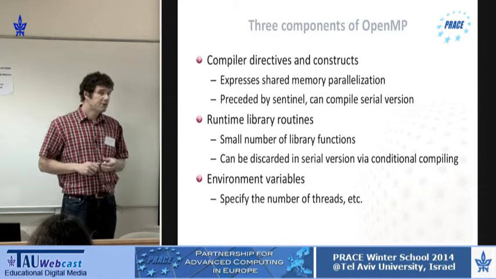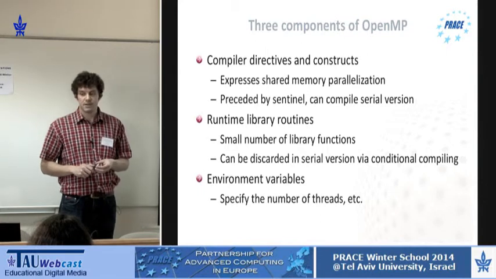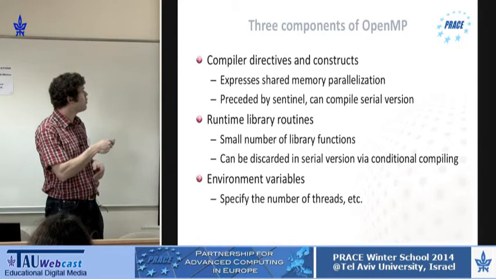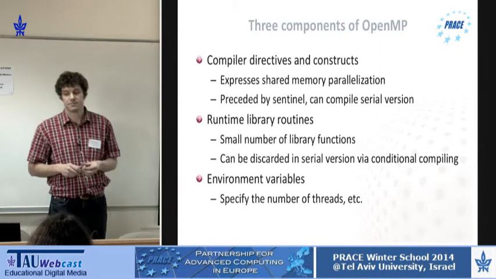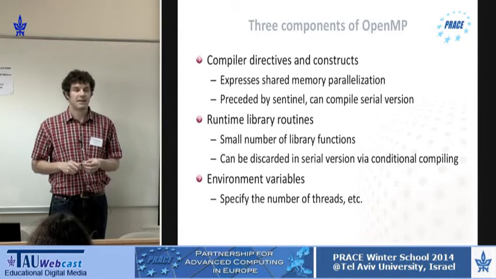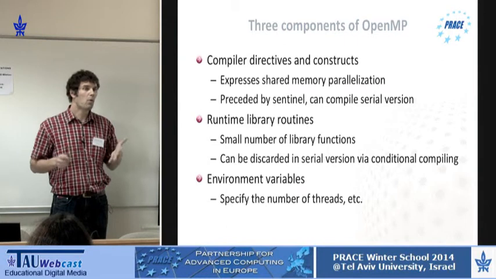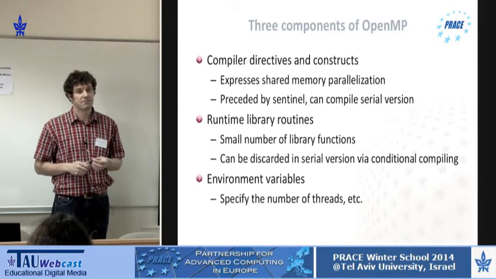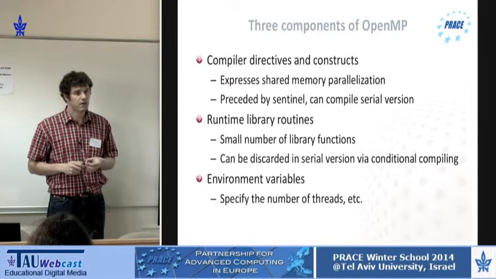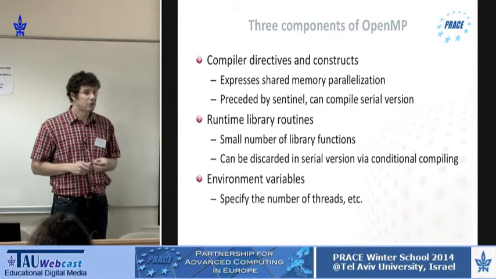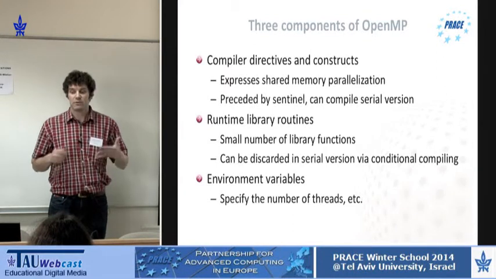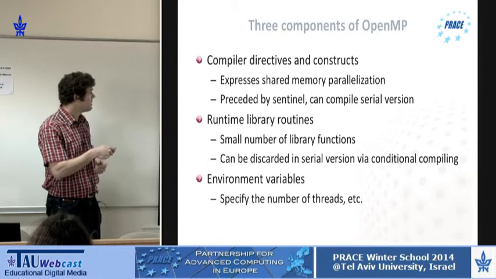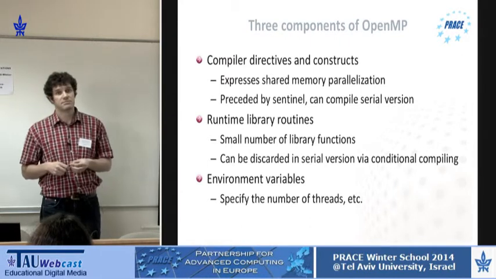There are in principle three different components in OpenMP. First, we have some compiler directives and constructs, and they are just giving the compiler some hints on how to parallelize different regions in code: where to launch threads, where to destroy threads, where to do some work sharing. Then there are some runtime library routines.